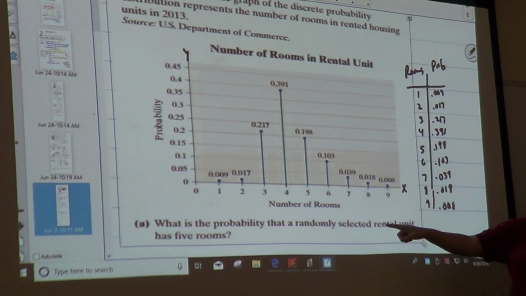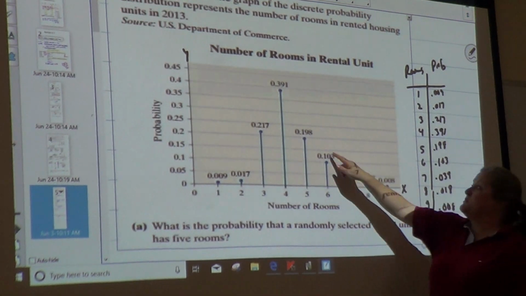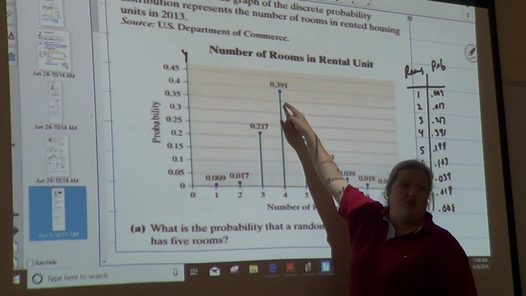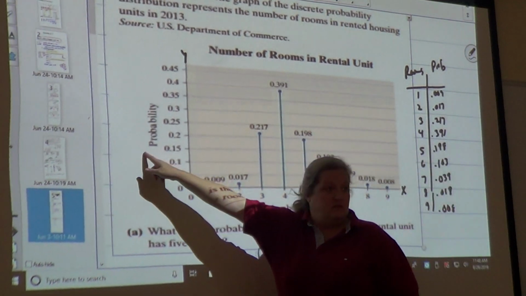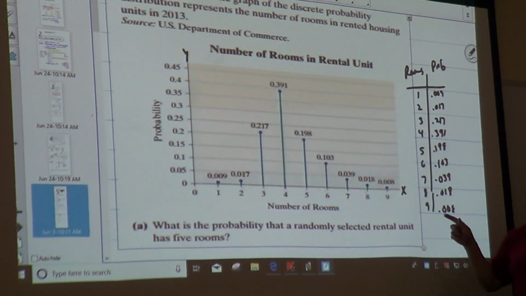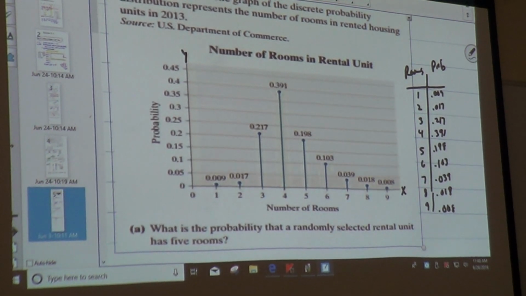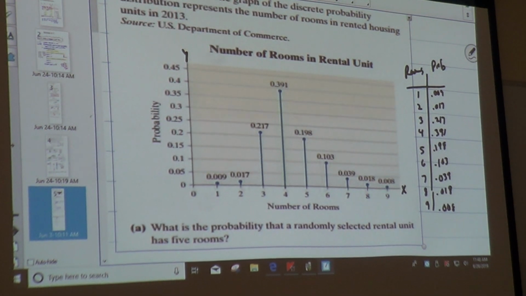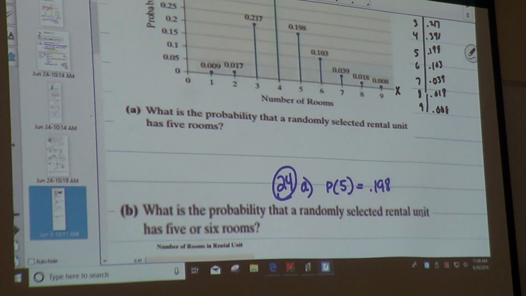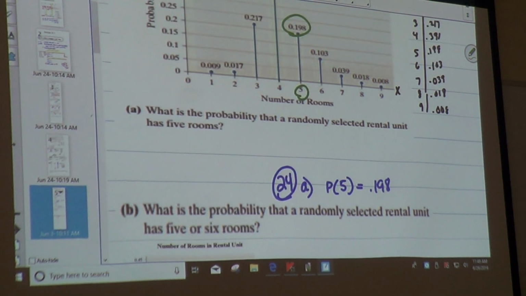So my first question, what is the probability? And we're going to use those numbers because this is a probability distribution. So they're telling me that these are already probabilities. What is the probability that a randomly selected rental unit has 5 rooms? 0.198. True that? 5 rooms, 0.198.